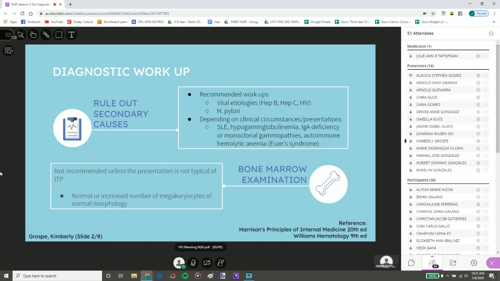Bone marrow examination is not usually part of the initial workups, as it is not recommended unless the presentation is atypical of ITP, or the patient does not respond to initial therapy. Findings for ITP are usually normal or an increased number of megakaryocytes of normal morphology.